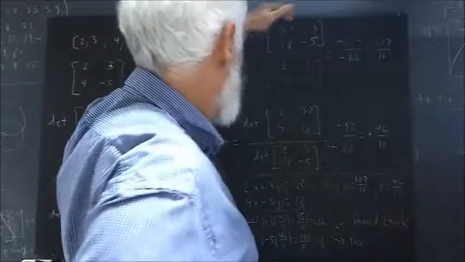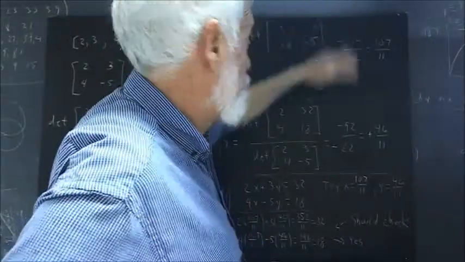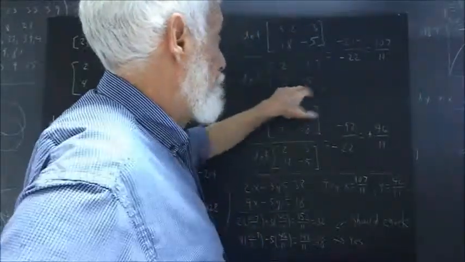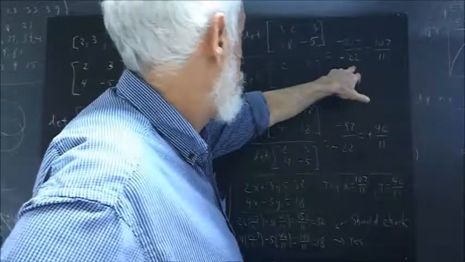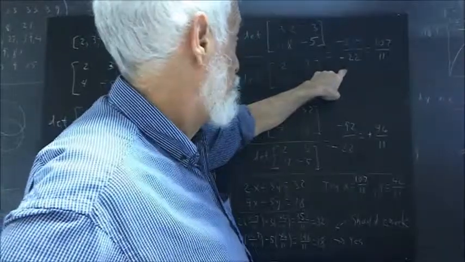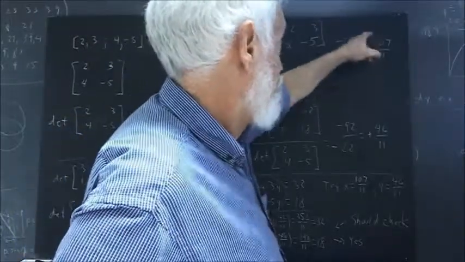But the determinant of this matrix we've already seen to be negative 214. The determinant of this matrix we've seen to be negative 22, so our x is negative 214 over negative 22, and we can reduce that to 107 over 11.